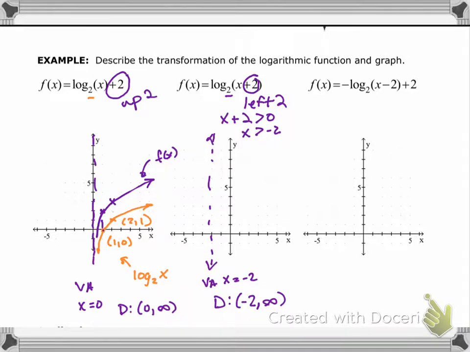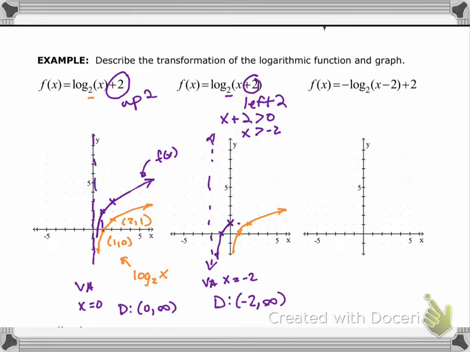All right, so to draw it in, since it's just shifted over 2, I go back to my original parent function, which is this, and I say I need to go that way, 1, 2, right there. Let me change the color. Right there, and this one moves over 1, 2, right there.